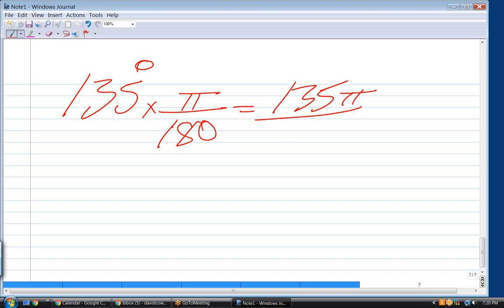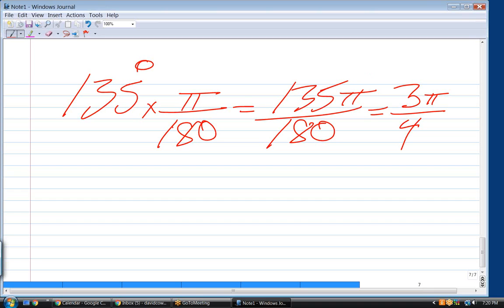Now the difficulty is reducing that. It turns out that 45 divides into top and bottom. It goes into the top 3 times, goes into the bottom 4 times. So that's 3 pi over 4.